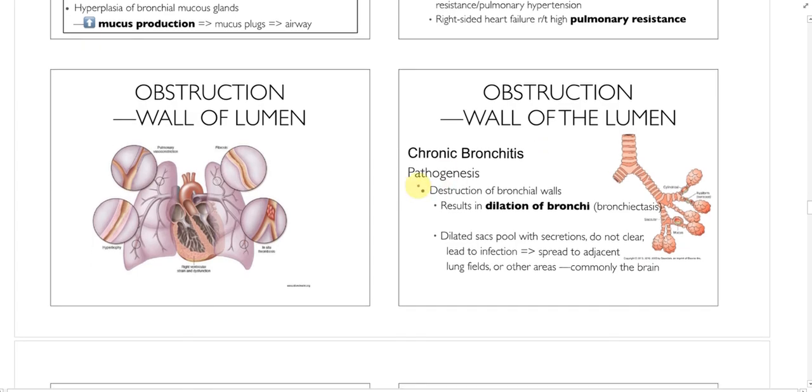So again, continuing on with the pathogenesis, we're also going to have destruction of the bronchial walls because of all this inflammation. Some people may result in bronchiectasis. Bronchiectasis is dilation of the bronchi from constant, continuous inflammation. Not everyone with COPD, chronic bronchitis, develops bronchiectasis.